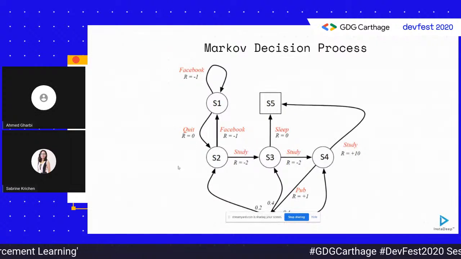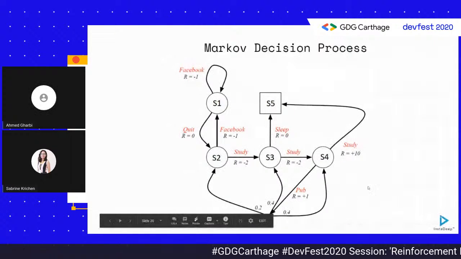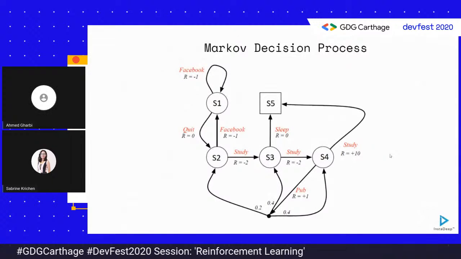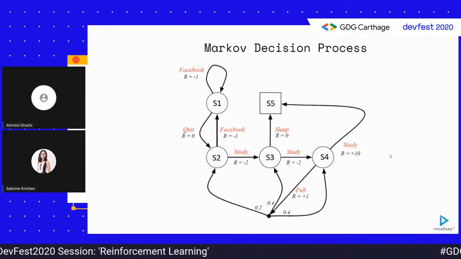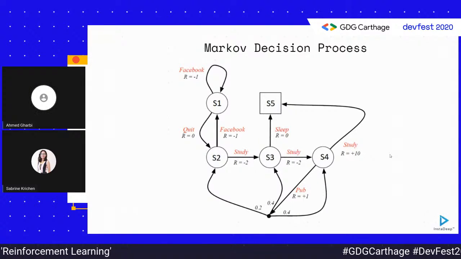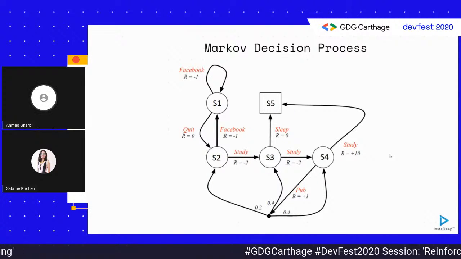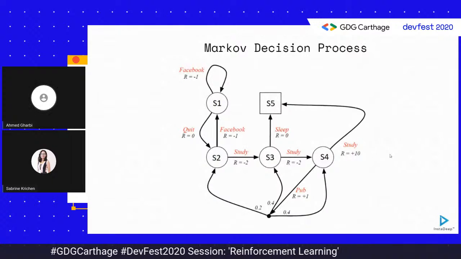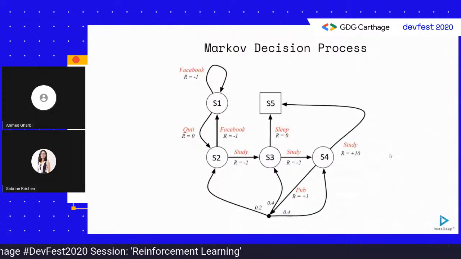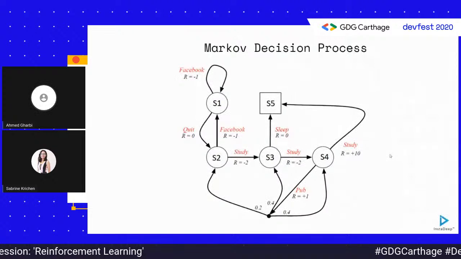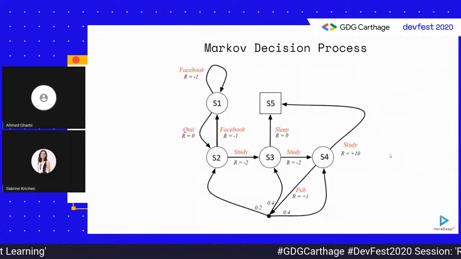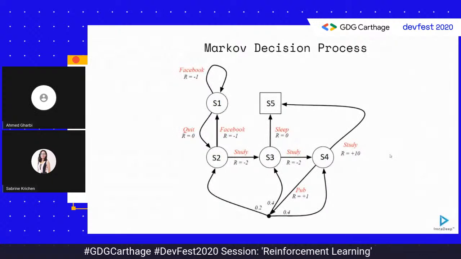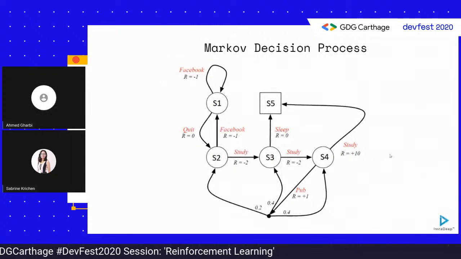We can, for example, model the decisions taken by a student with a Markov decision process. The student in this case is the agent, and the environment is the campus. The student can interact with the environment by taking the actions shown in red: he can study, he can sleep, he can go to the pub, maybe use Facebook or quit using Facebook.